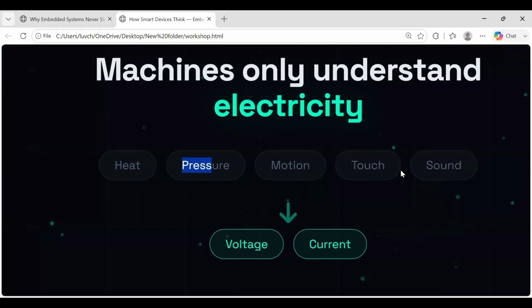Now, anybody can tell me a simple question. Which language is understood by the microcontroller? Are we clear till here? The microcontroller can only understand voltage and current, but the language behind it, what is the language used for communication by the microcontroller?